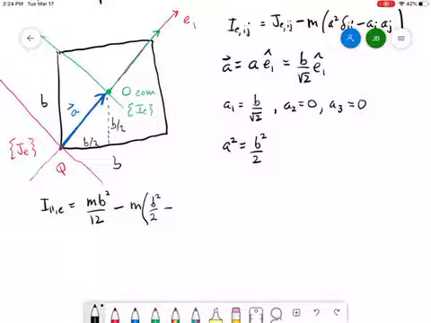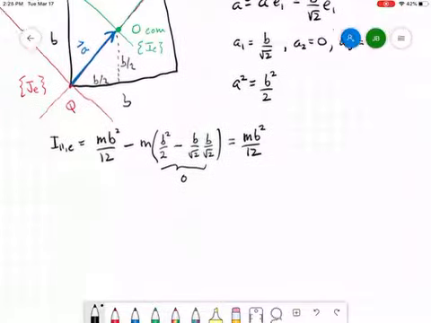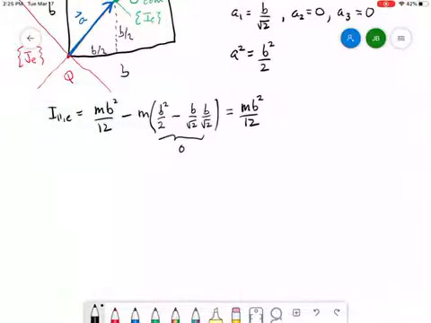So a1 is b over root 2, and a1 is b over root 2. So all of this combines to be just 0, and we get that the 1, 1 component of IE is going to be mb squared over 12. Okay, let's do the 2, 2.